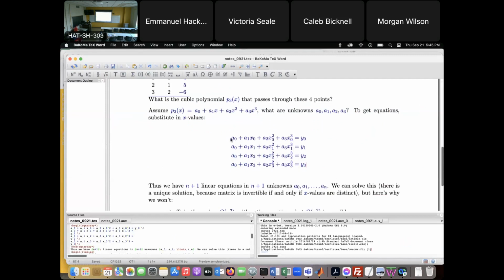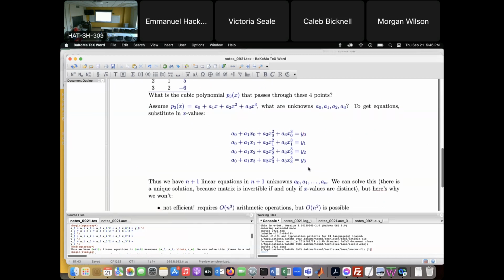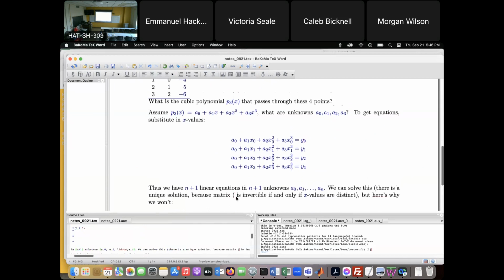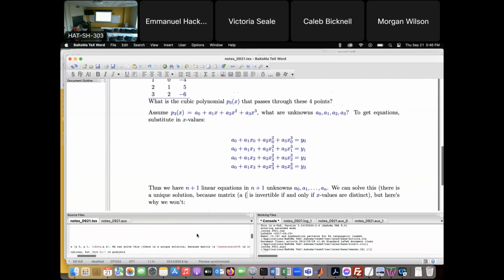In the case of n plus 1 points and finding the polynomial of degree n, it sets up this system of linear equations and solves it. And I should mention that the matrix involved is called a Vandermonde matrix.